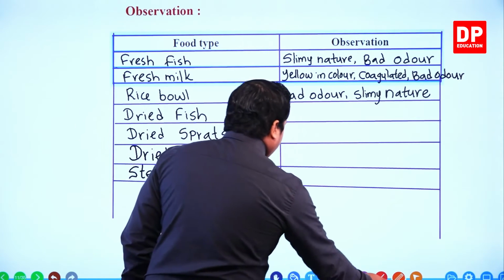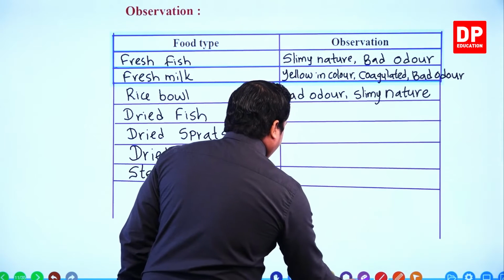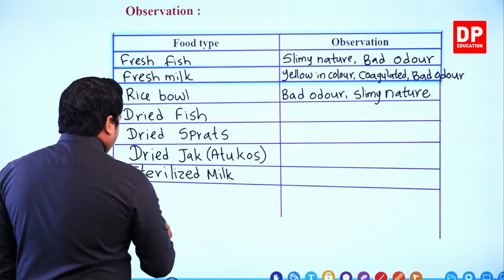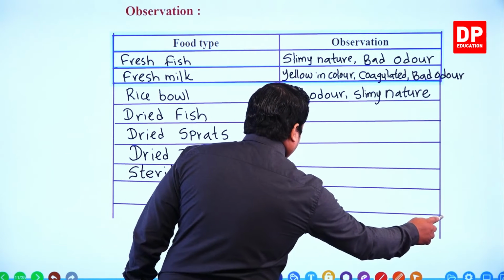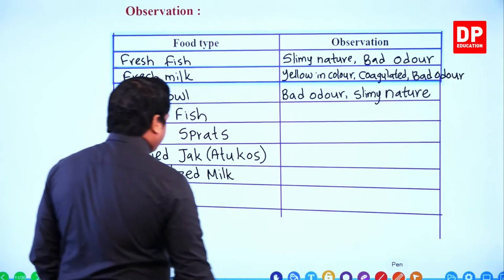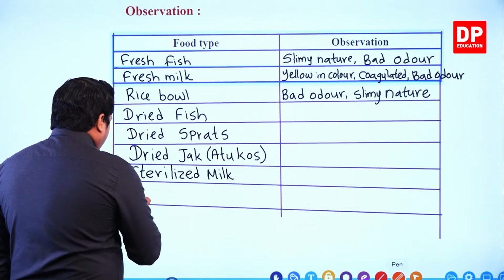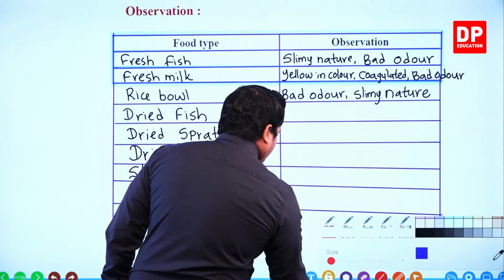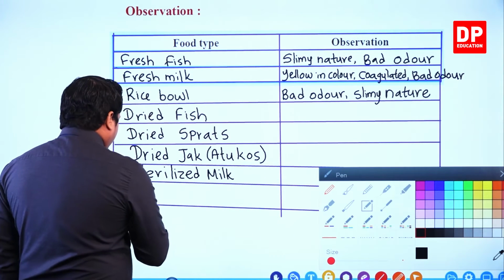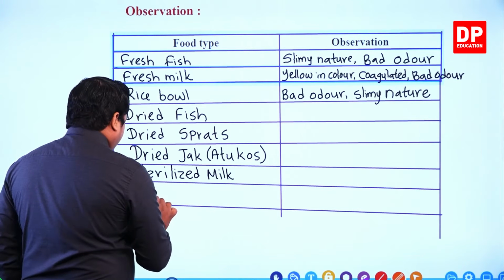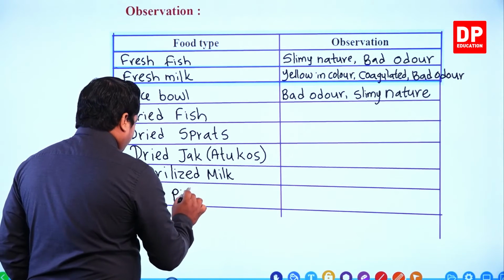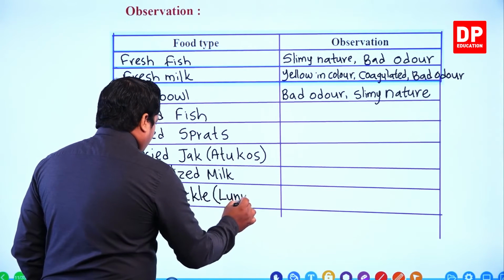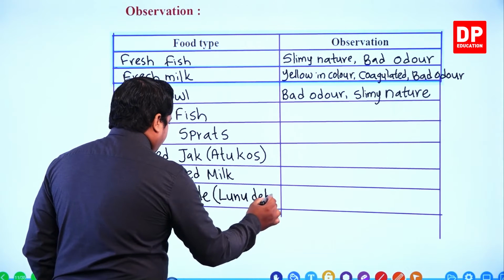Sterilized milk, which is also referred to as kalkiri. Then, my dear children, there was another one: lime pickle, lunudehi.